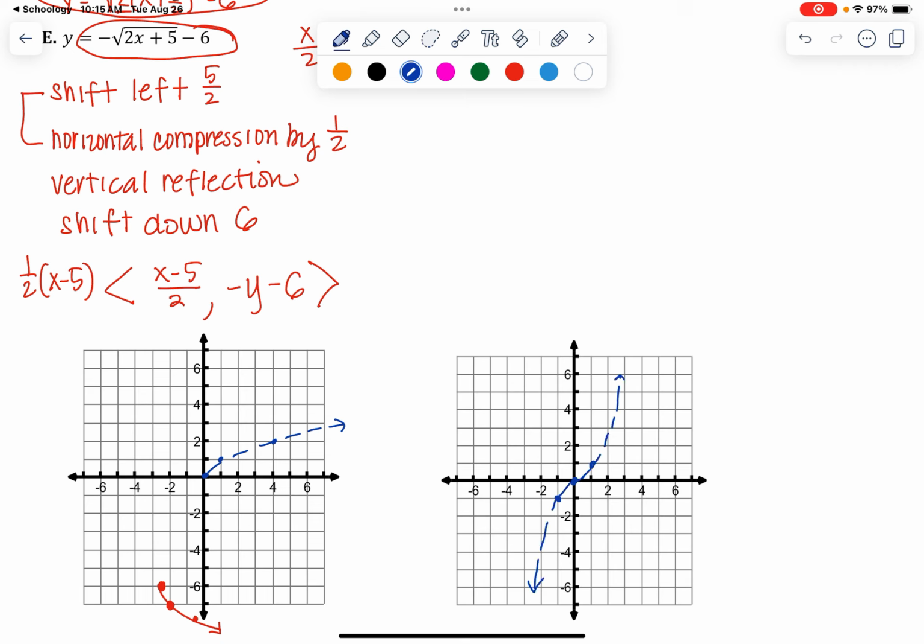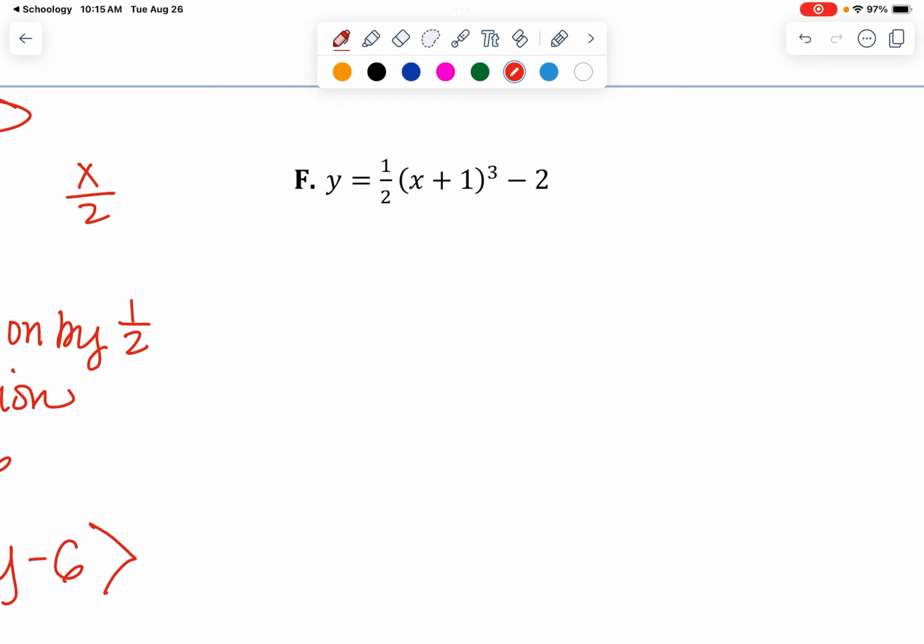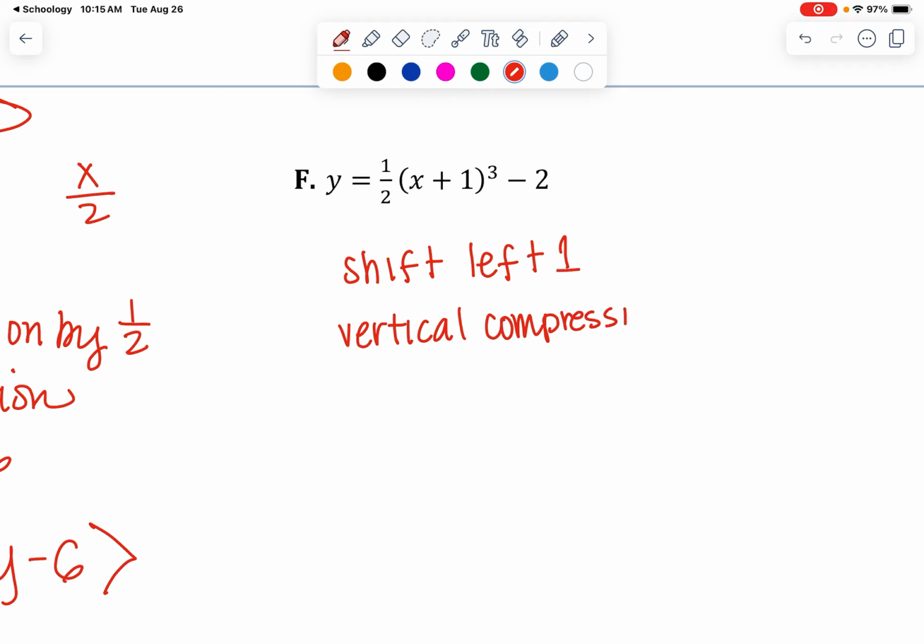So starting on the inside there, we have a horizontal shift left 1. Working our way out, we have a vertical compression by 1/2.